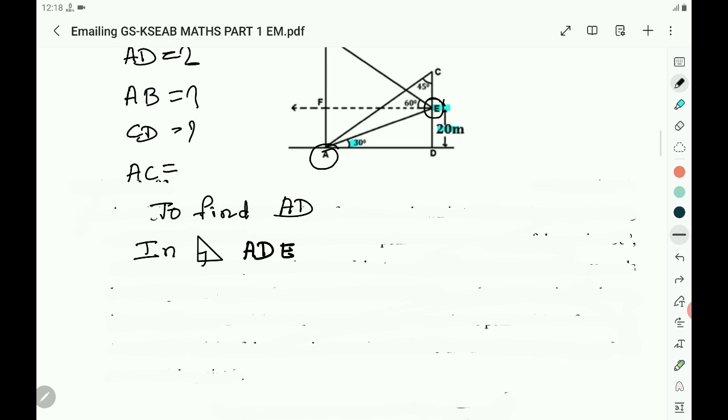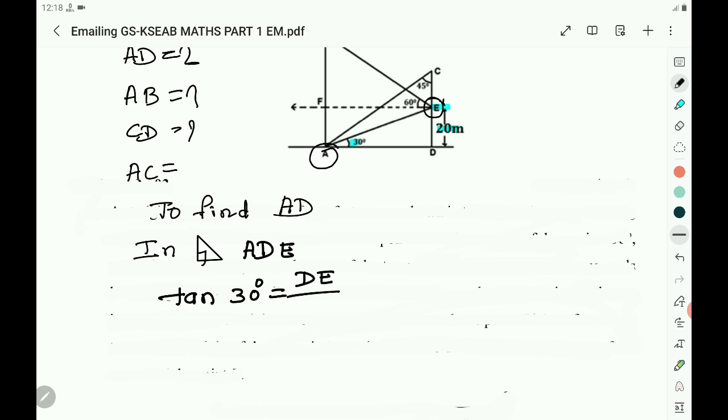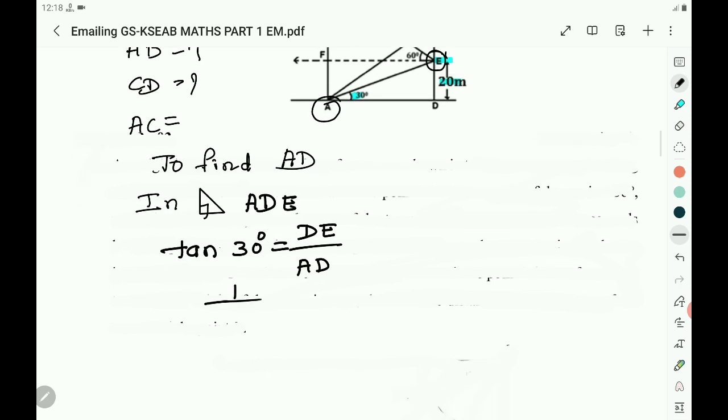Then you write, which trigonometric ratio is opposite side by adjacent side, that is tan. Then you write tan 30 degree equals opposite side DE by adjacent side AD. Then what is the value of tan 30? Tan 30 is 1 by root 3.